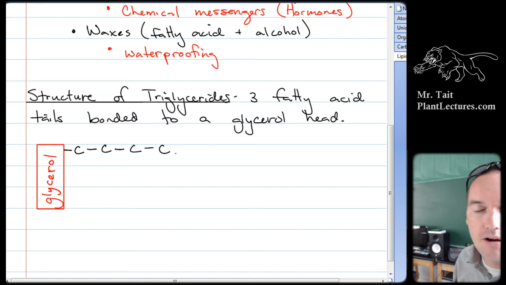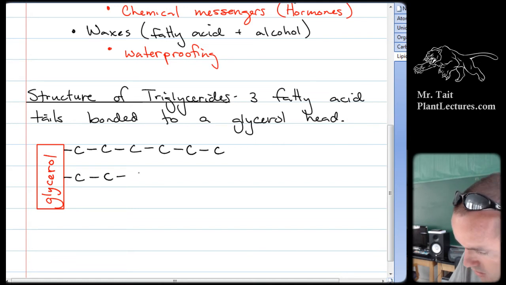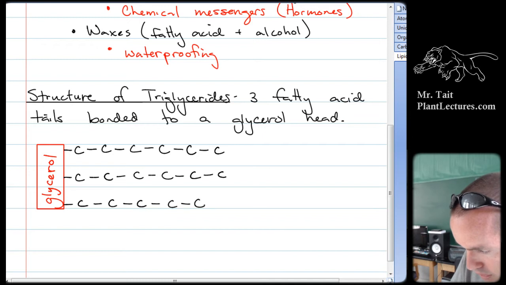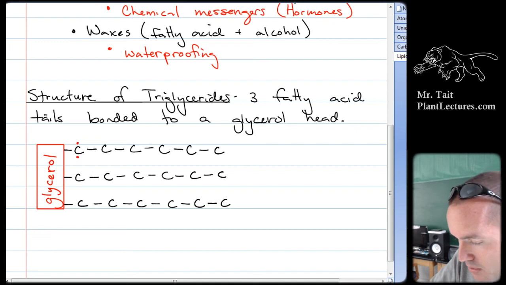But for the sake of our sanity, we're just going to draw them with like 6 carbons. But they're generally going to be much, much longer than 6 carbons. Something like that. And then if you wanted to draw hydrogen in each open spot, that's fine too.